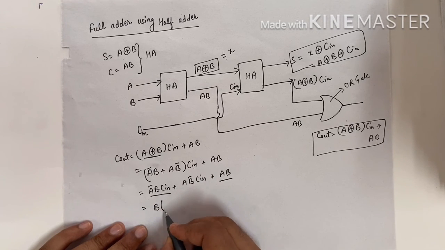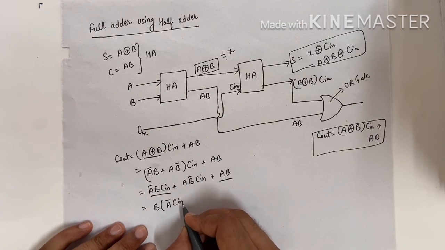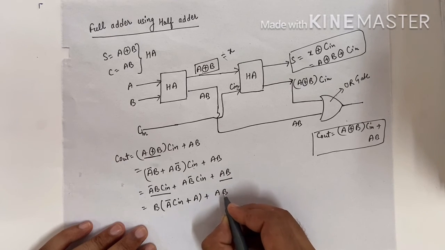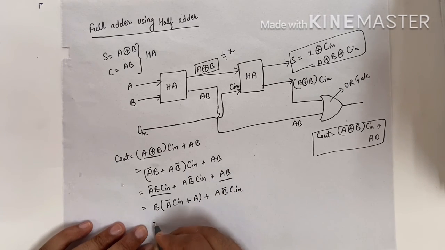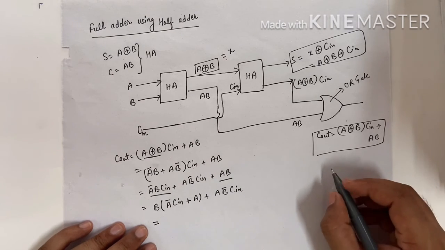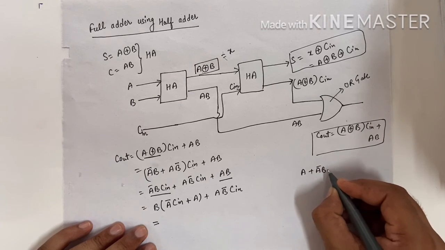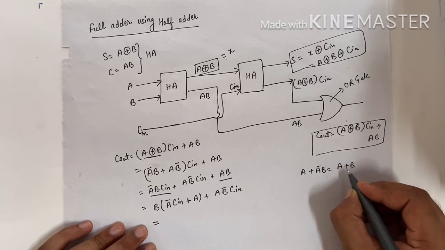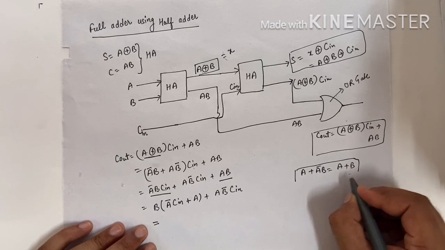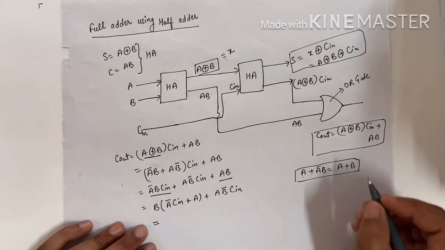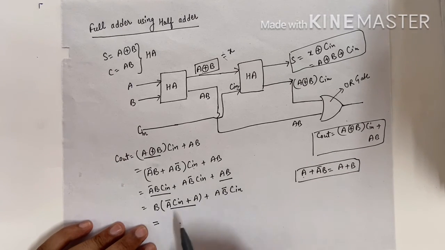So we have to take B common, then after taking common it becomes A complement C input plus A B complement C input. In the Boolean algebra we can read a formula that A plus A complement B equals A plus B. It is learned in the Boolean algebra that A plus A complement B equals A plus B. So you can see this is the A plus A complement B condition.